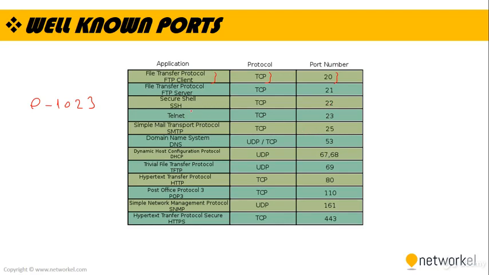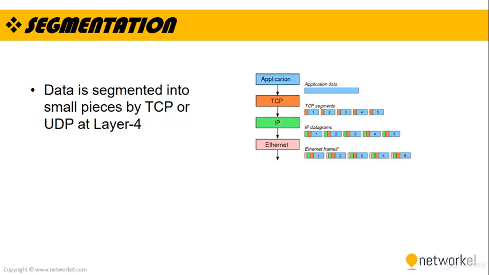Telnet is a remote access protocol that uses TCP, and its port number is 23. And DNS, the domain name system protocol, can use UDP or TCP, and the port number is 53.